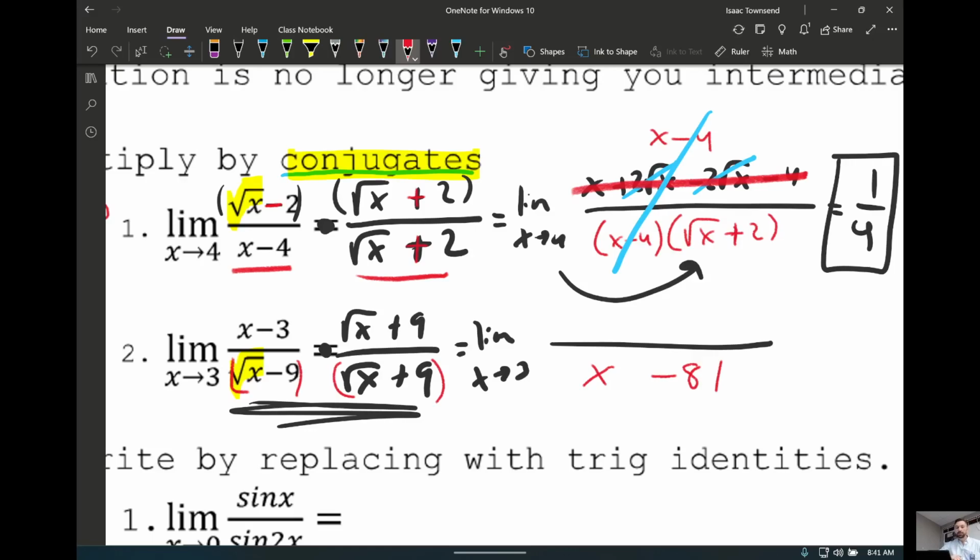On the top, when I FOIL these, I would get x times the square root of x, x times 9, negative 3 times the square root of x, and negative 3 times 9, which would be negative 27.